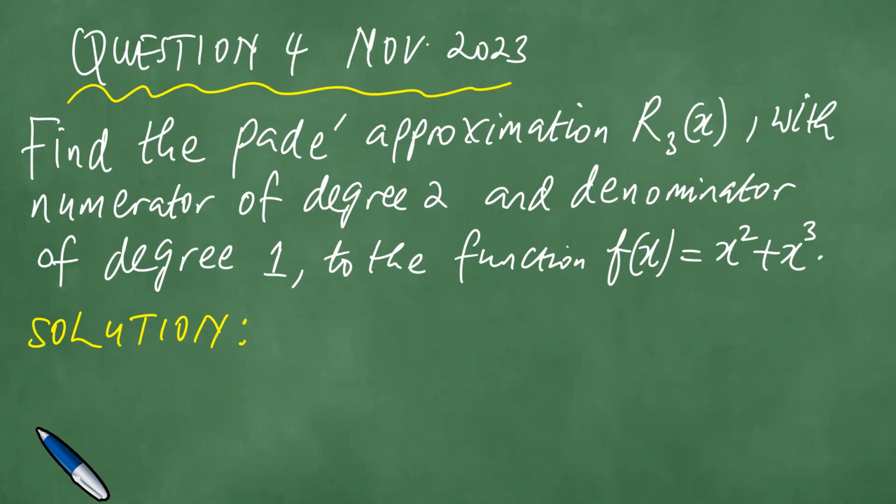Let us look at how we can find the Pade approximation of this one. Find the Pade approximation, numerator degree 2 and denominator degree 1, of that particular function. Very straightforward. Let's just have a discussion about the method here. Solution.